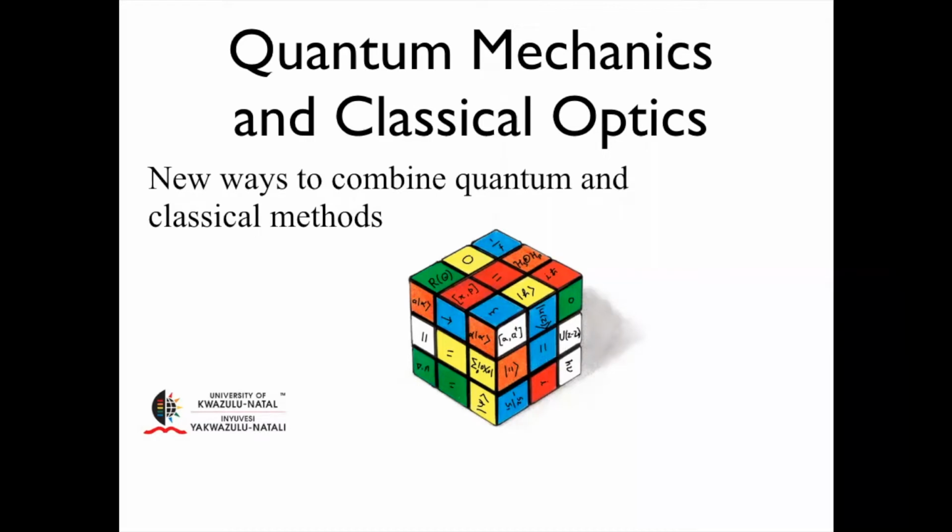Then he did his master's in quantum fields and fundamental forces at Imperial College London, and the master thesis was on non-perturbative methods in quantum field theory under the supervision of Professor H.F. Jones. Thereafter, Thomas did his PhD at the University of Constance with Professor J. Audretsch. Maybe I'm not pronouncing it correctly. His PhD work was basically on quantum measurement, in particular on the theory and applications of weak and unsharp measurement in quantum mechanics.